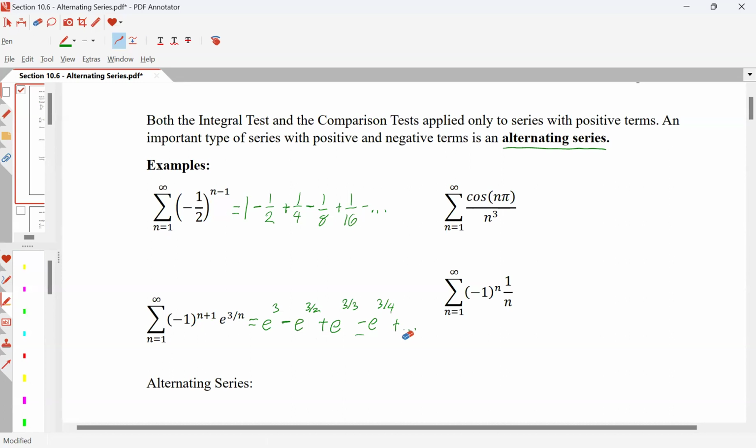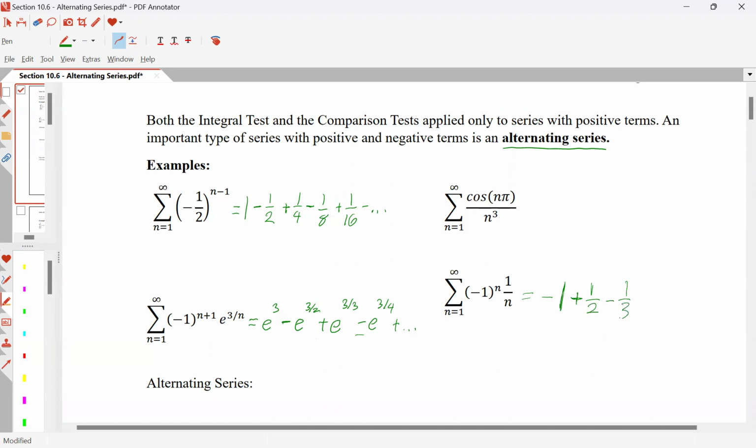Taking a look at the lower right-hand corner next, (-1)^n times 1/n. When I plug in 1, I get -1 times 1 over 1, or -1. When I plug in 2, I get (-1) squared, which is positive, 1/2.